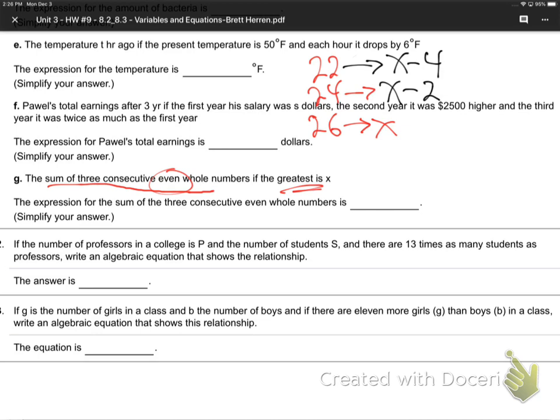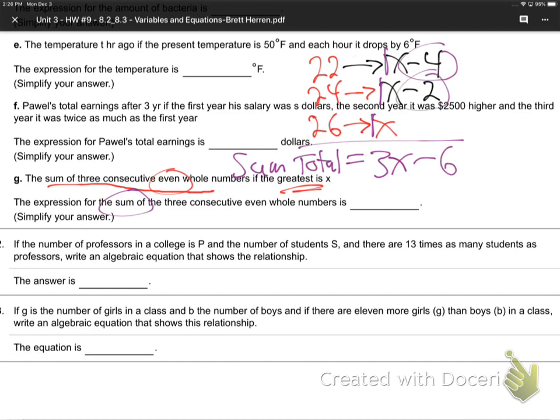And then they want the sum. The total. They said the sum total. So that'd be 1x, 1x, 1x, 3x, minus 4, minus 2, minus 6. There's the formula for the total. Good there?